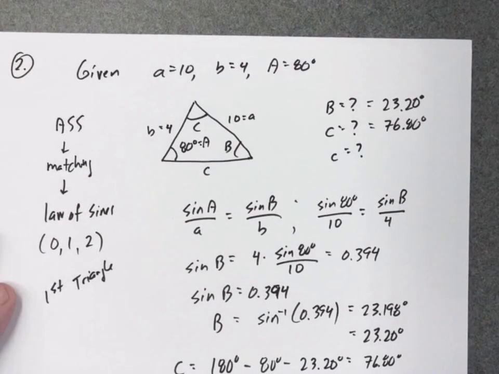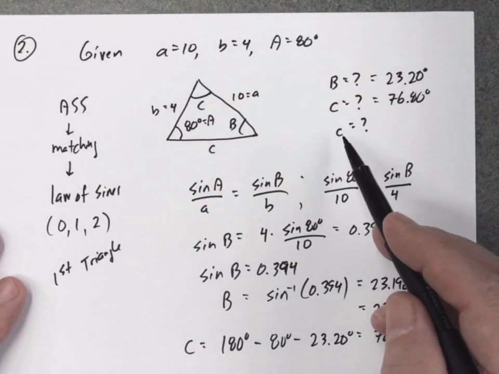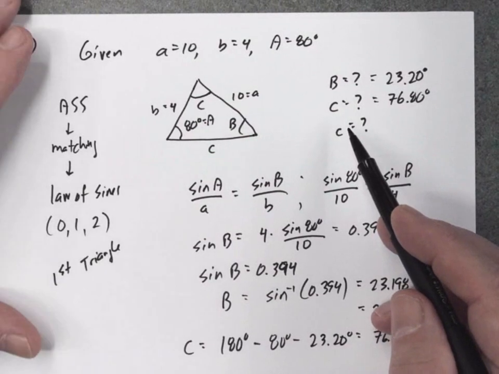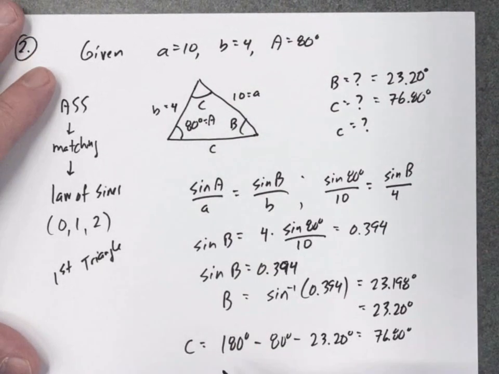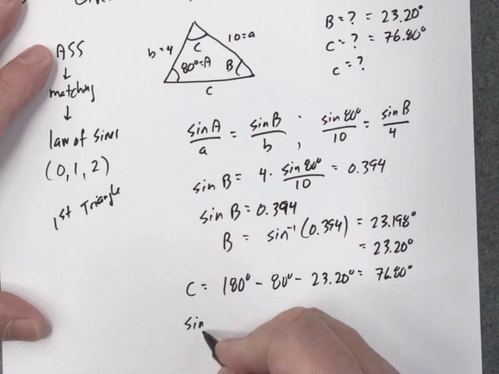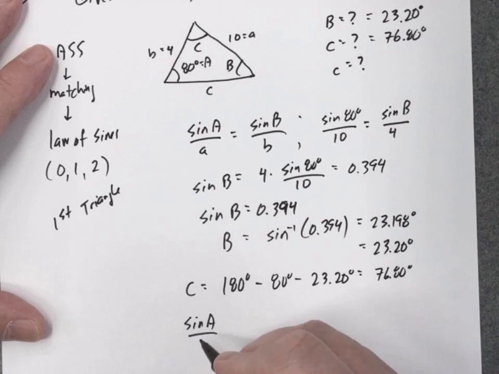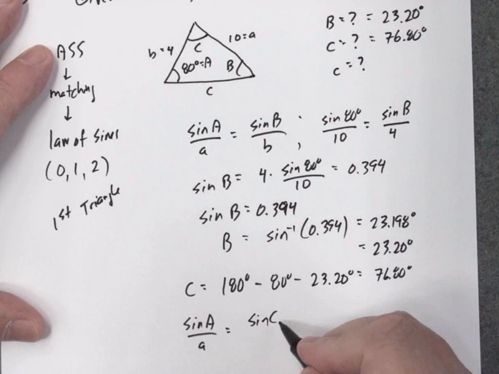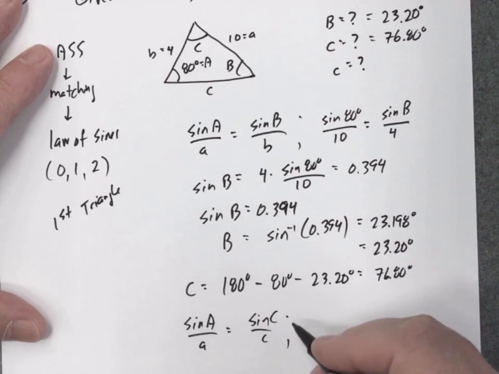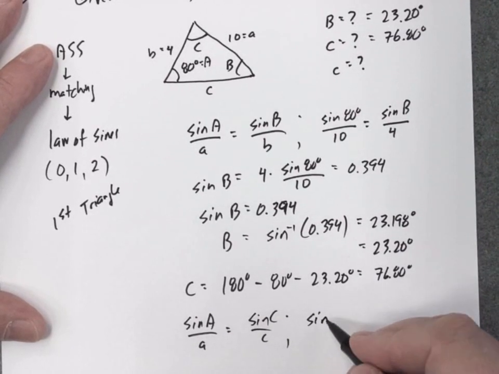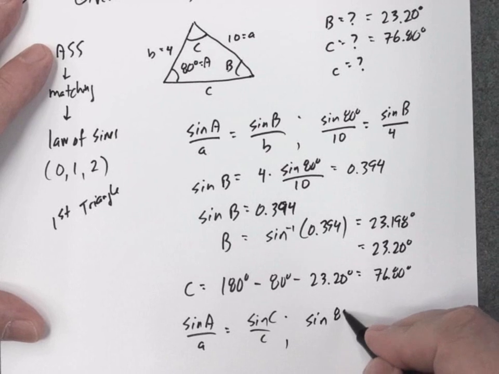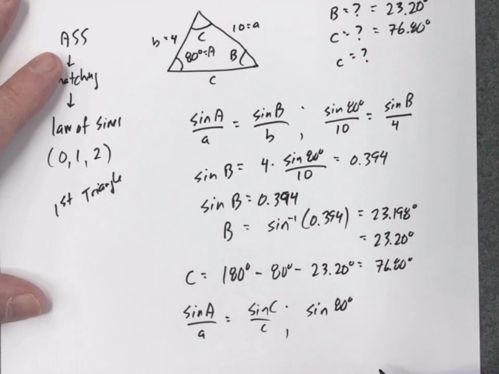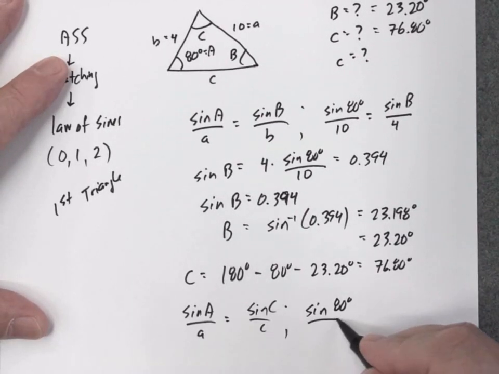So now the last thing I need to find for my first triangle is side C. Let's go ahead and do law of sines with A and C. So angle A is 80 degrees. Side A is 10.